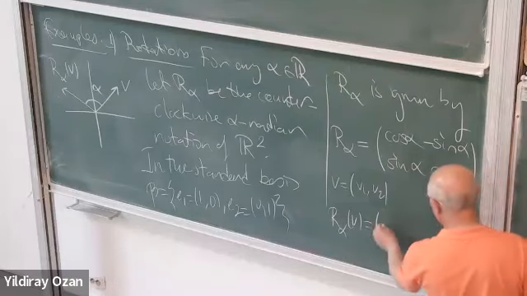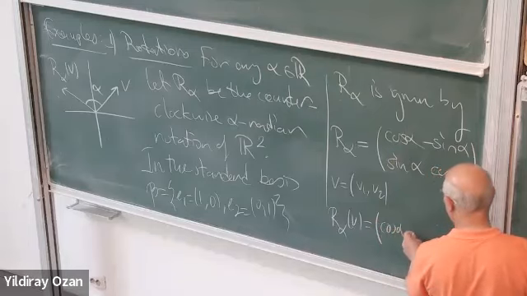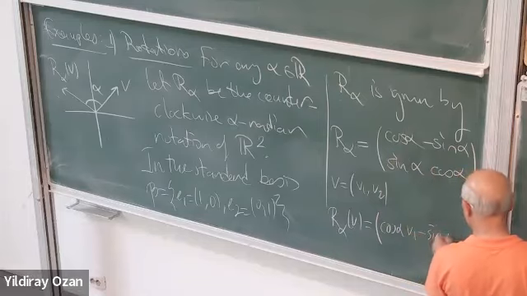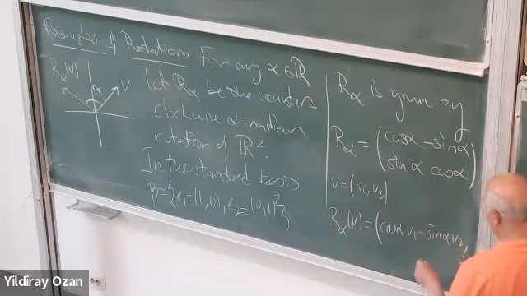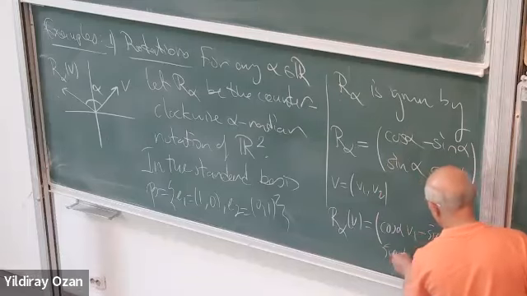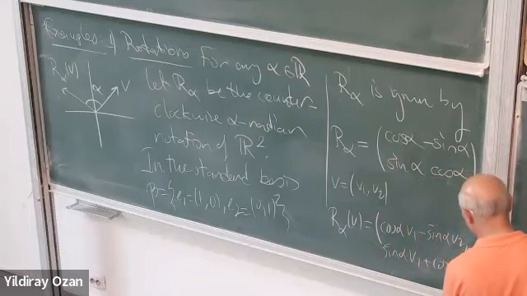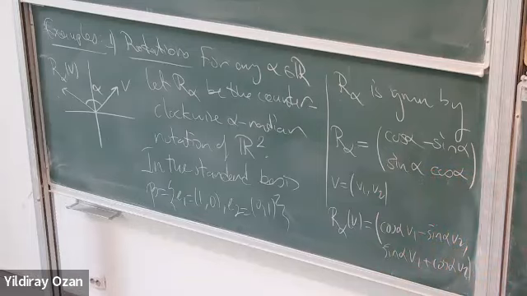Cosine alpha B1 minus sine alpha B2, and then sine alpha B1 plus cosine alpha B2.